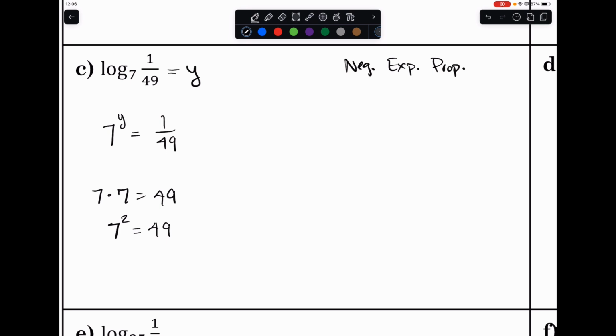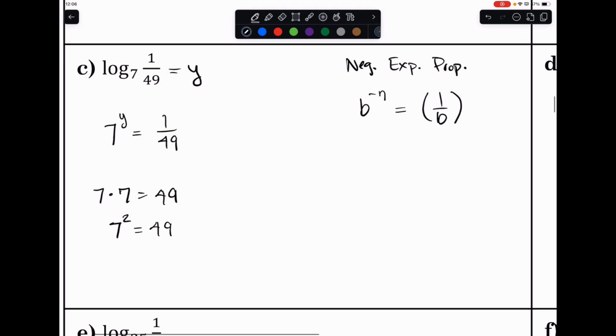My negative exponent property states that if I have a base that is raised to a negative exponent, then that's equivalent to getting the reciprocal of the base, so 1 over b, and that changes the exponent to a positive value, okay? Now, of course, this also works backwards.